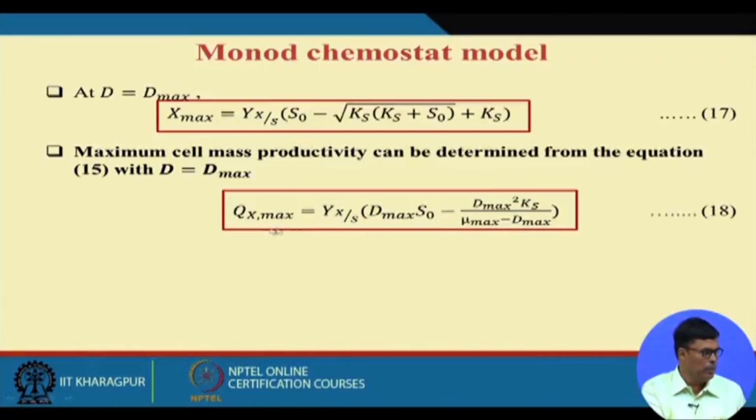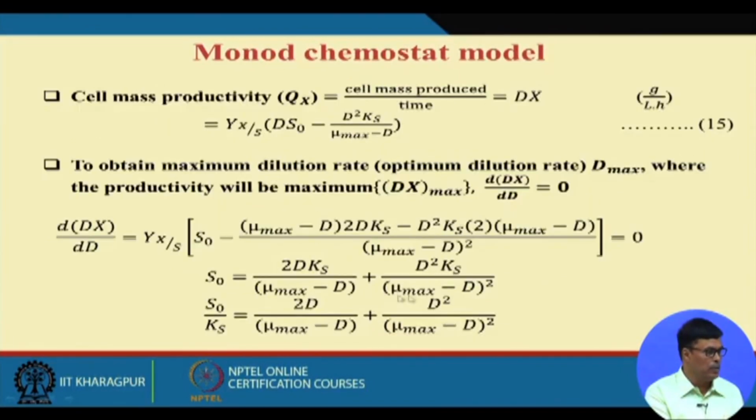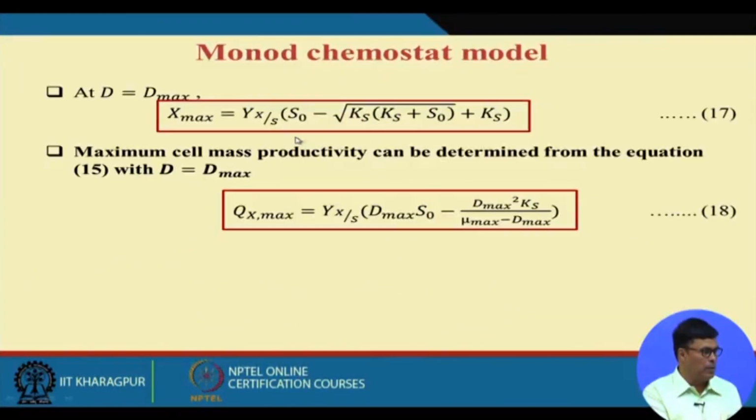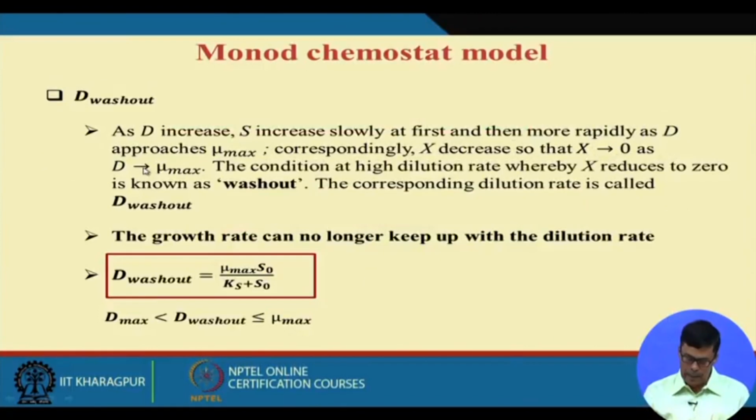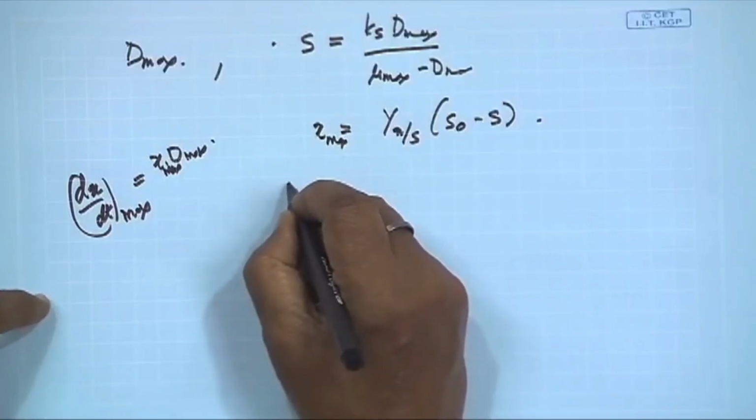This is the maximum rate of production, Y x by s into D max into this, that what we have in the previous equation, that we can write as the 15th equation. In the 15th equation, we can put this value of D max, D equal to D max, and we can find out the maximum cell mass production.